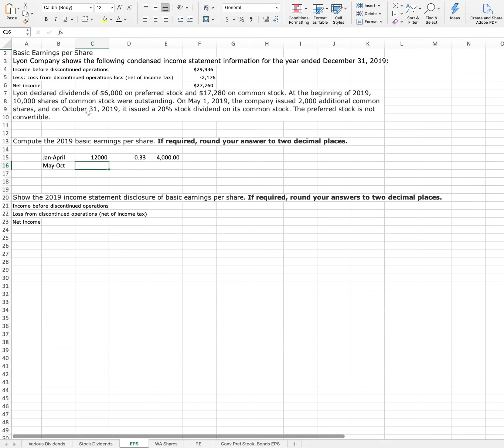Again, same thing. Now we have 10,000 plus 2,000, and we have to retroactively apply the 20%. I guess we shouldn't reference that 12,000, because that's the original 10,000 without our retroactive adjustment.